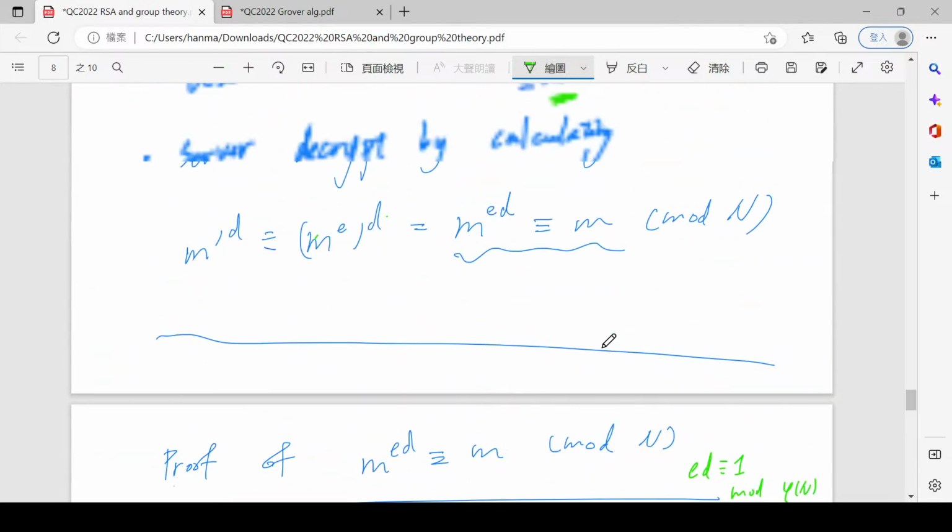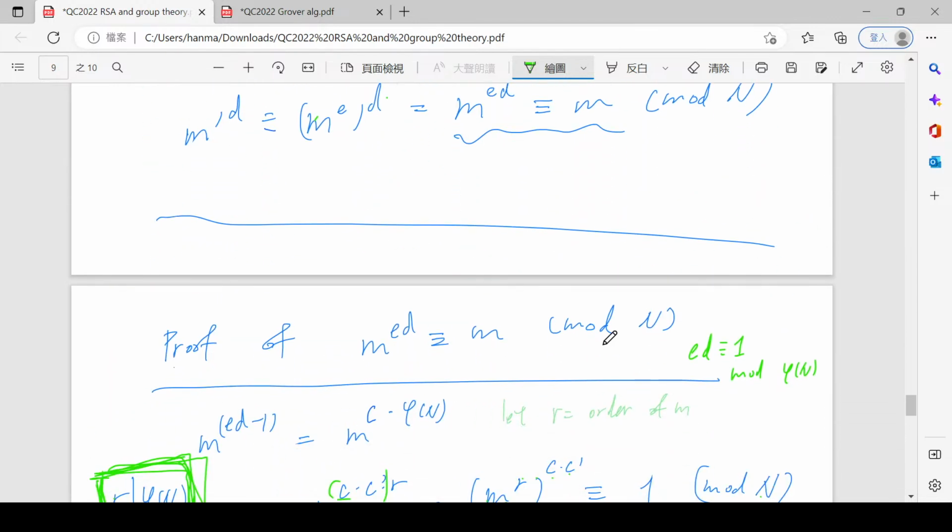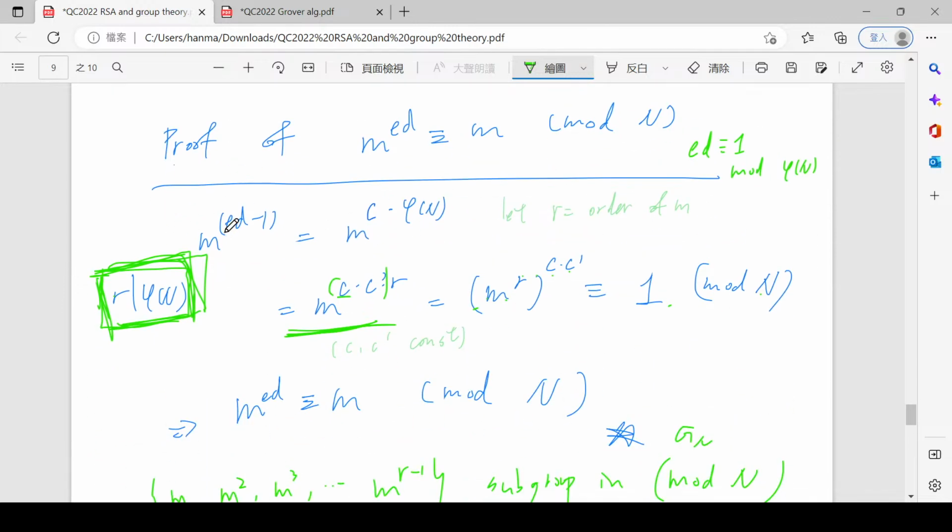Our RSA decoding key is this D, such that E times D is some constant times phi n plus 1.